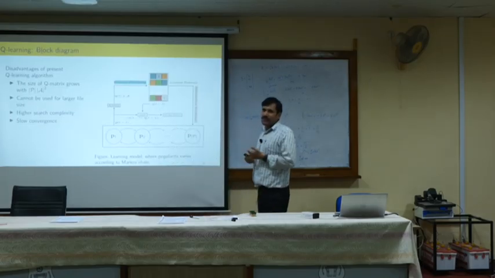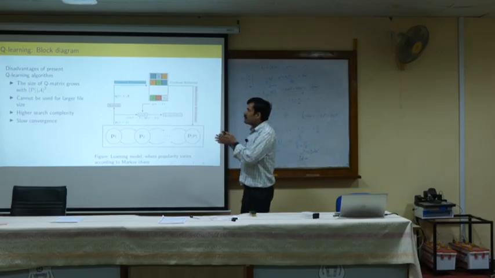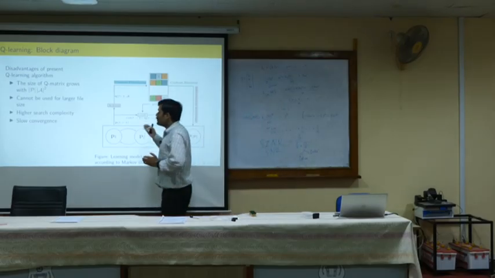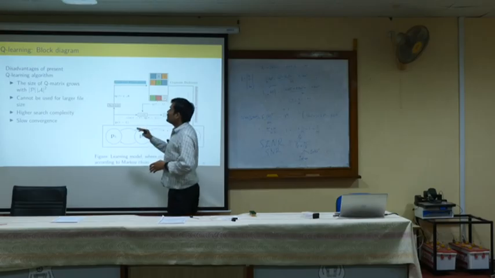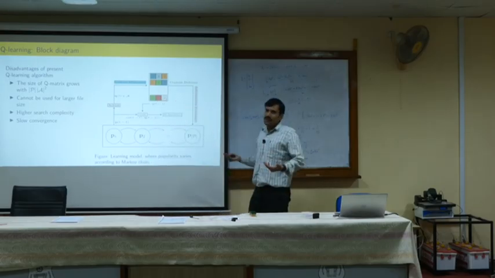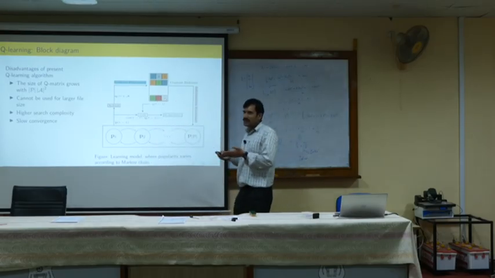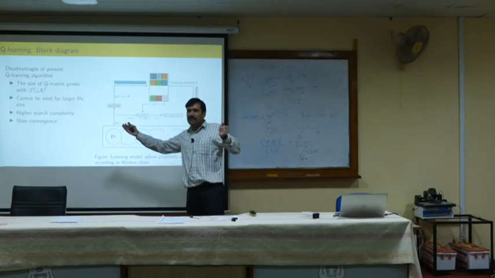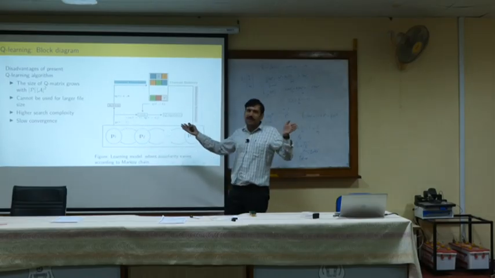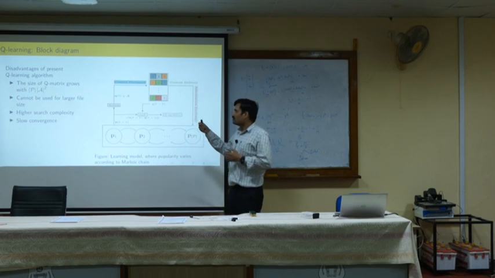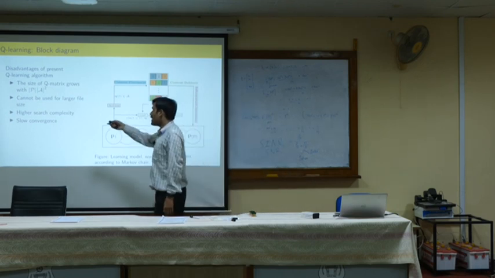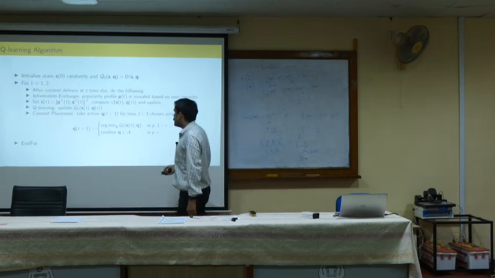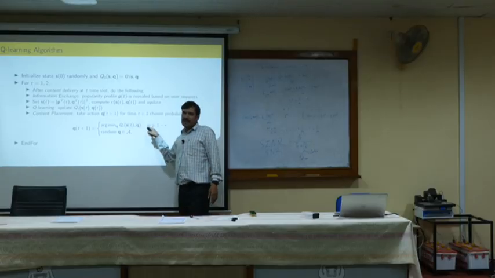If we increase the number of actions, it will grow exponentially for this problem. So this cannot be used for a scalable file library, because in edge caching we have a big file library. It also has higher search complexity. For example, here we have to search for the greedy action.